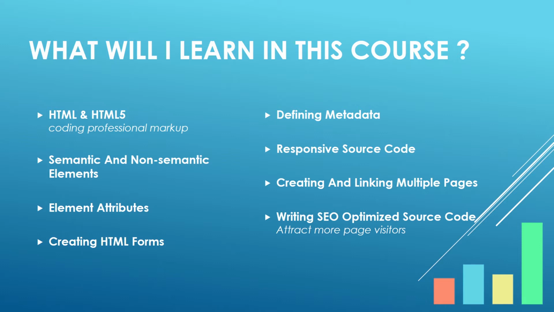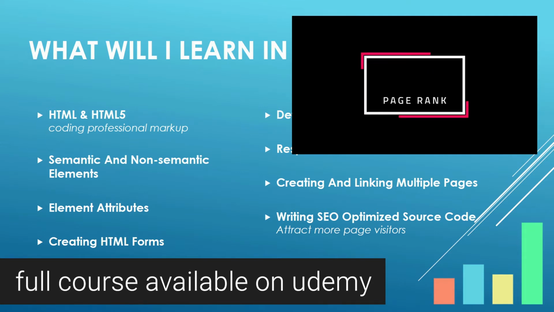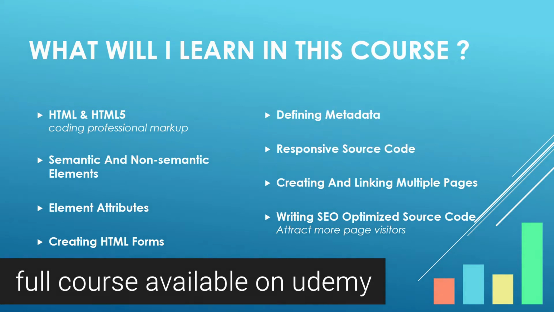You will learn how to write SEO optimized source code, and finally we will summarize everything you have learned during the course. By the end of the course, you will be able to create HTML markup for professional websites and web applications, as well as writing SEO optimized source code to gain more traffic to your website for you or your clients.